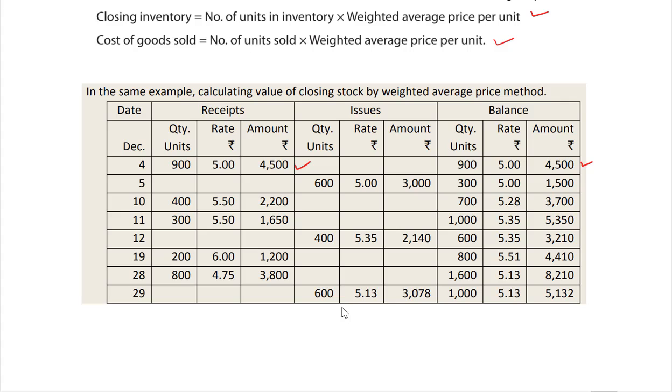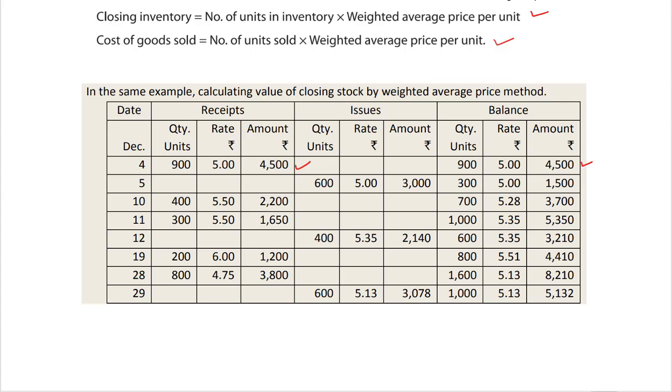Then on 5th of December we issued 600 units at 5, so 3000. From the 900 we issued 600, so what we have with us is 300, at rate 5, 300 multiplied by 5 is 1500. I believe you understood till here.